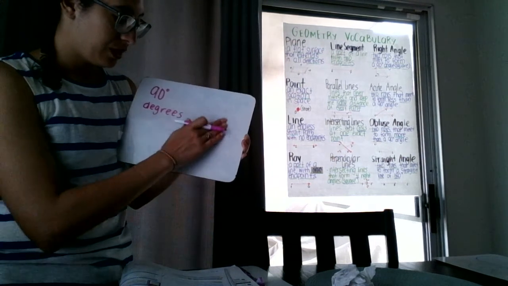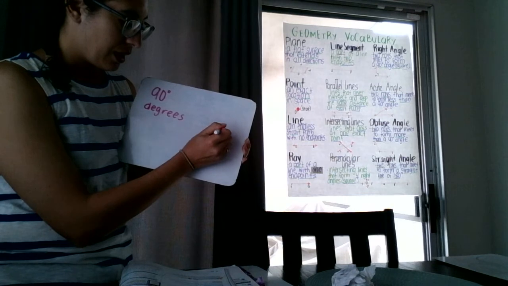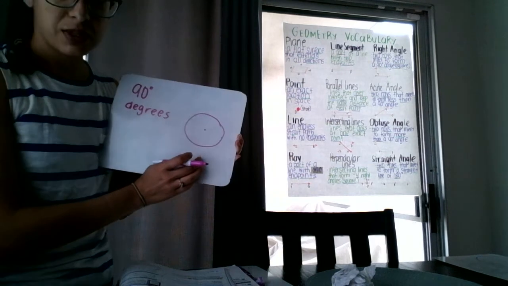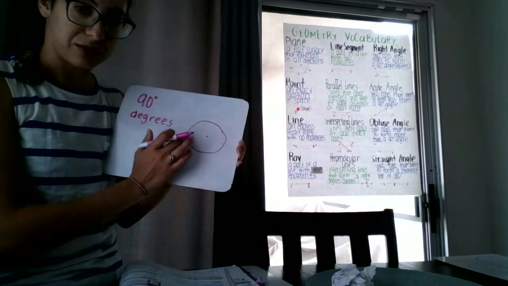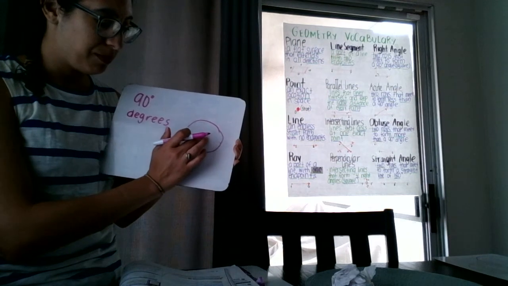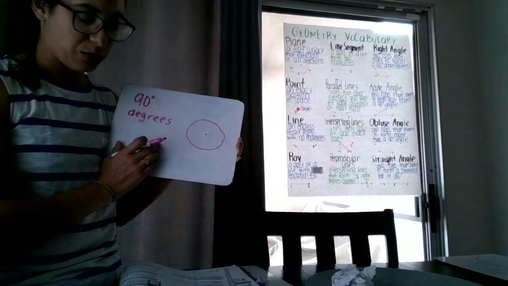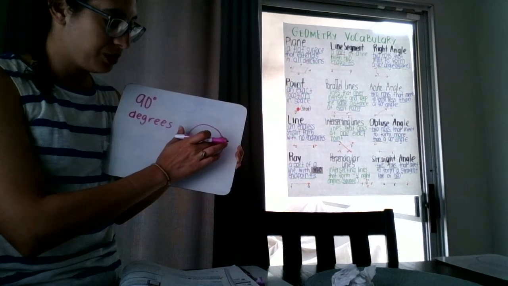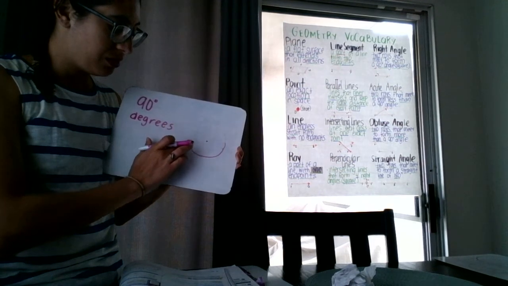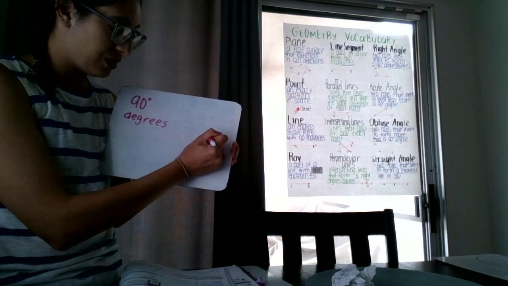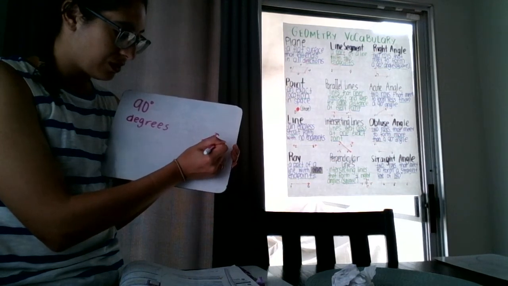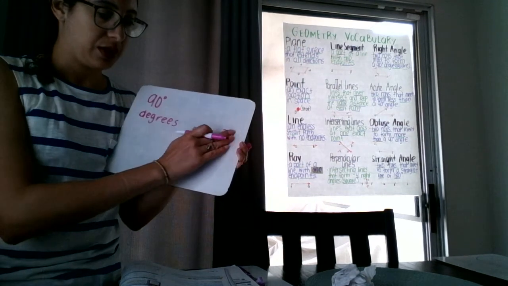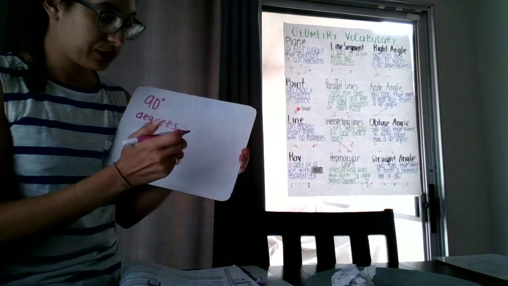Okay, so I'm going to do this over. Most of the time when we see angles, we don't see that circle. Okay, that circle really isn't there. But when we're working on angle measures, at least when we first start working with angles, we use circles to help us understand. Okay, so really when we see angles, we don't see that circle. We just see that part, right?